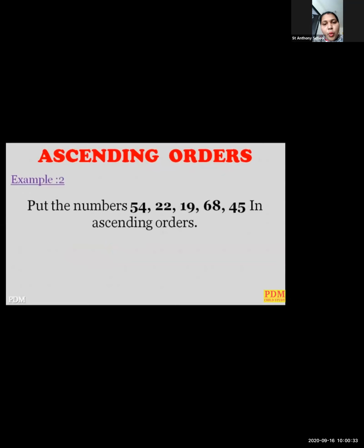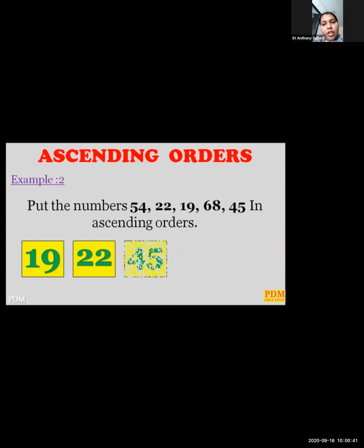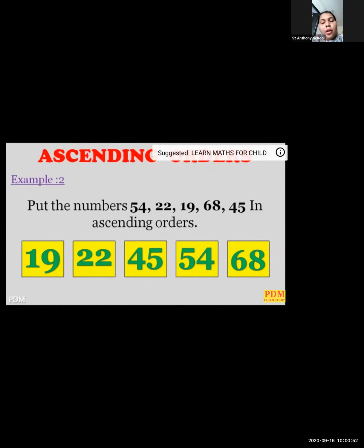Here 52, 22, 19, 68 and 45. So here 19 is a smaller number than 22. After 22, 45, 54 and last is 68. It starts from small to bigger number. First we write the smaller number and end with the bigger number.